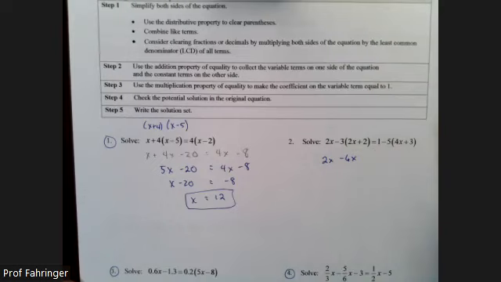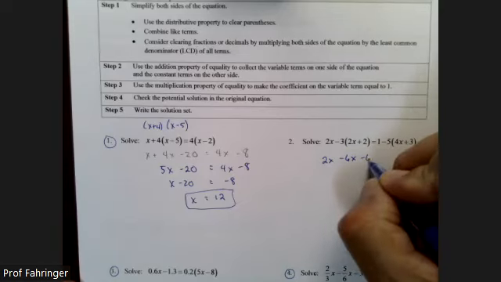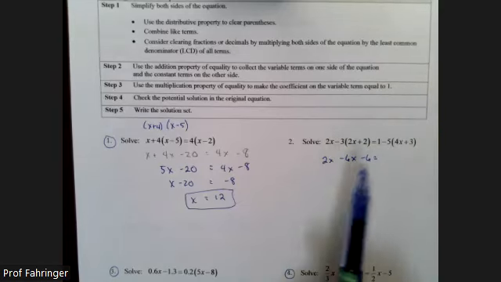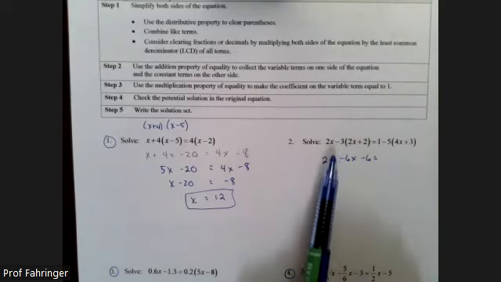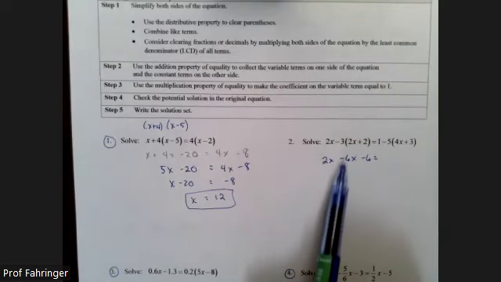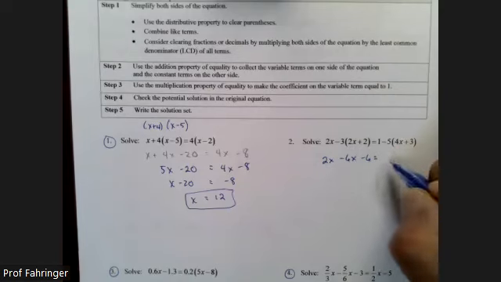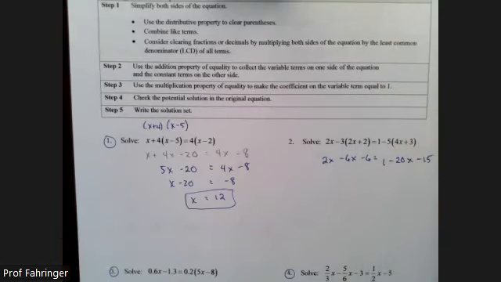Then what? -6. Yeah, -6. And what they're trying to show you and remind you in the second problem is when you distribute, make sure you take the sign with you. This right side would be 1 minus 20x minus 15. And again, we're just back to simple algebra over here that we should be okay with.